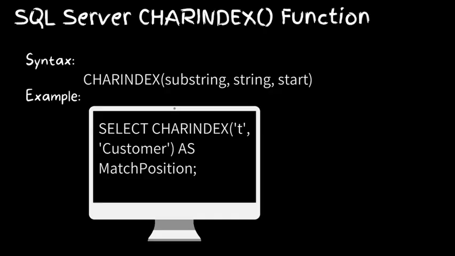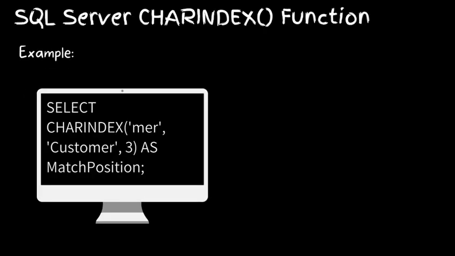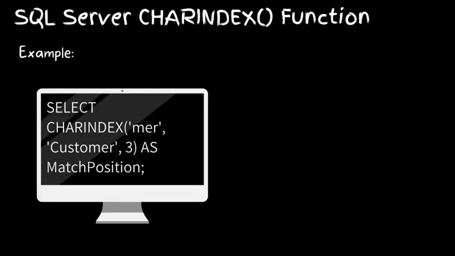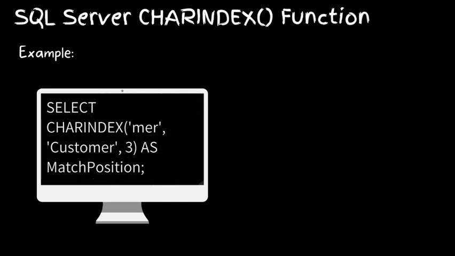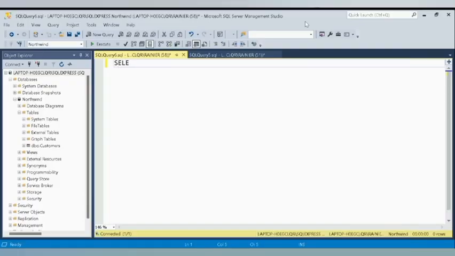Another example, but with a twist. We will perform the match position starting from 3. Select charindex 'mer', customer, 3 as match position.